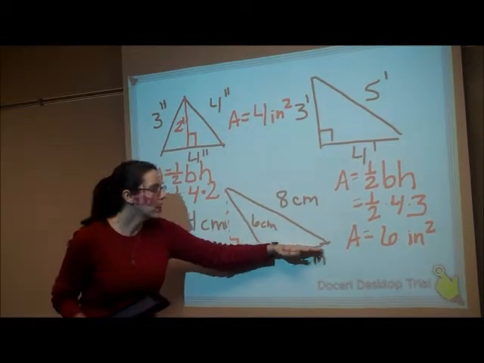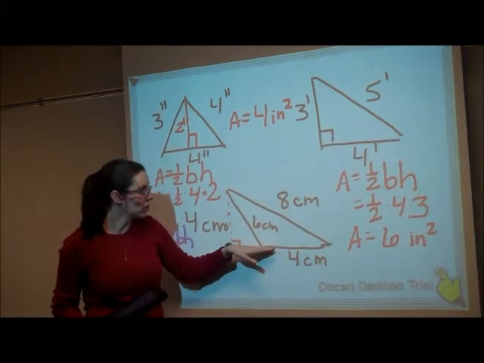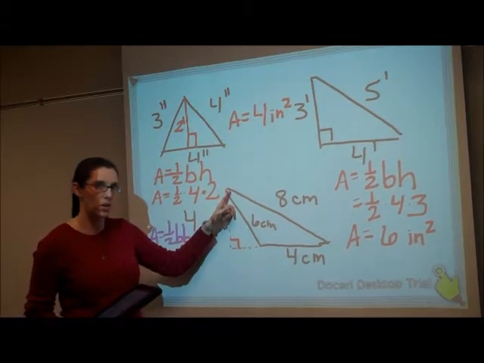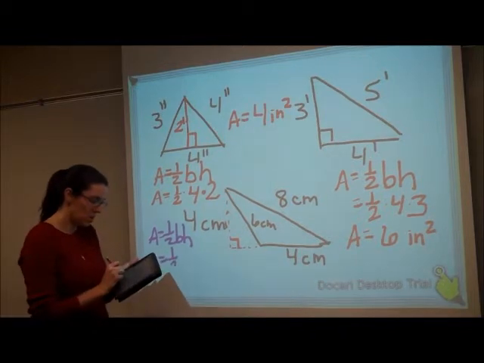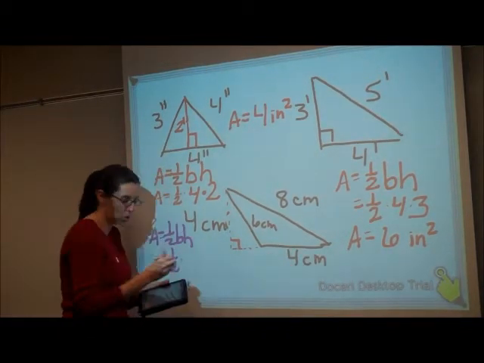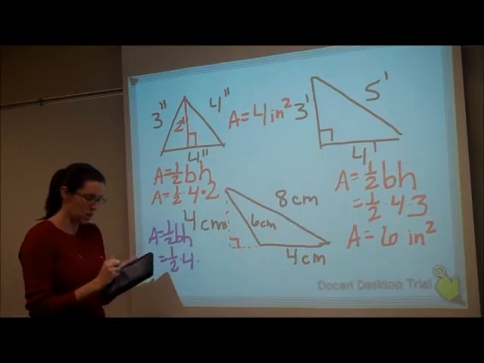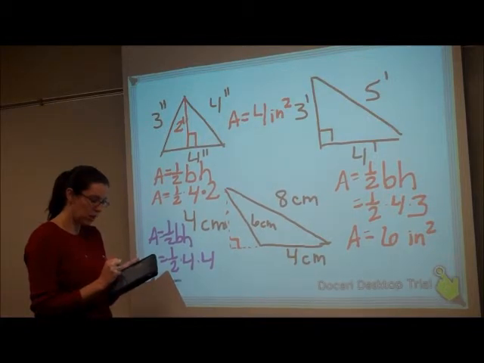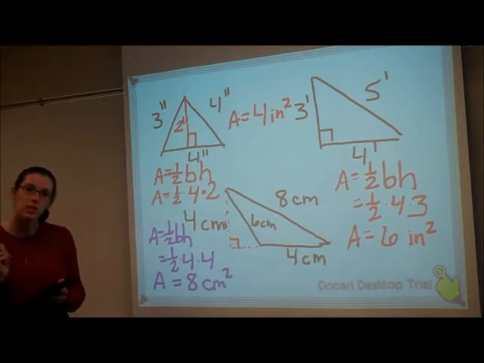So here would be my base, because this is one of the sides of my triangle, and then from that it would be 4 centimeters up to the top of that triangle. So my base is this 4, my height is this 4, so 1/2 times 4 is 2, times 4 would give me 8, so the area is 8 square centimeters.